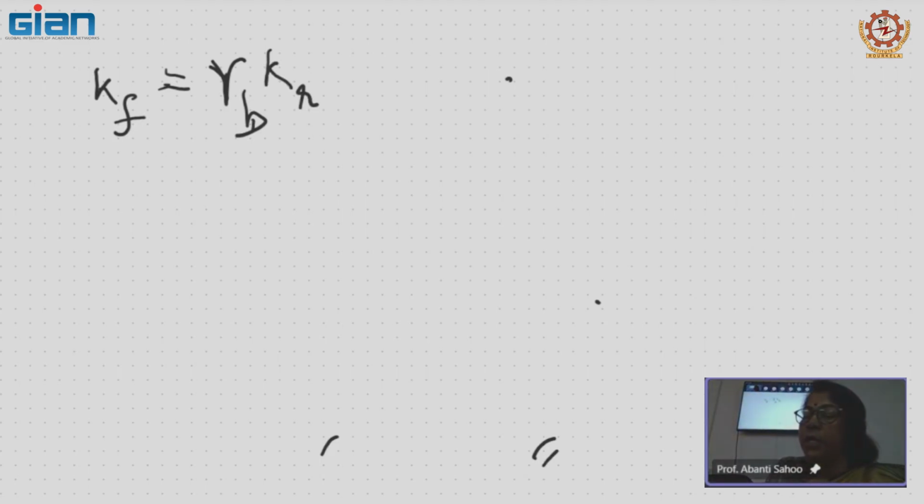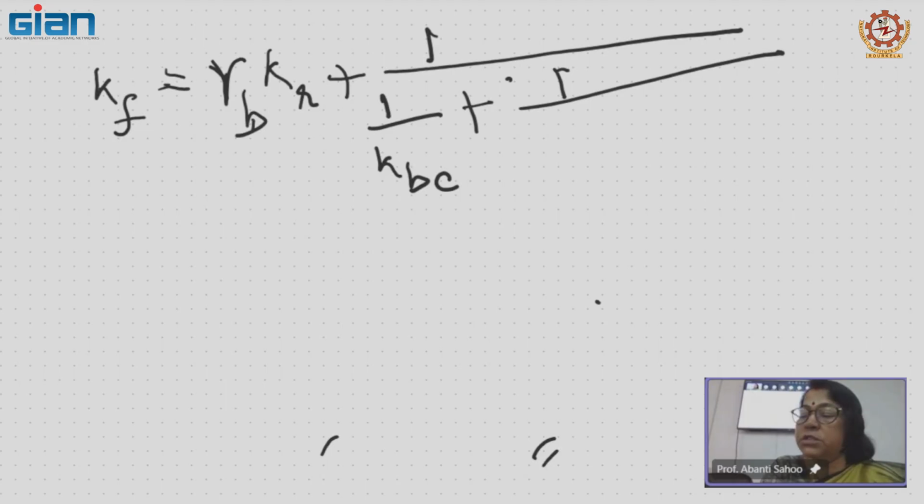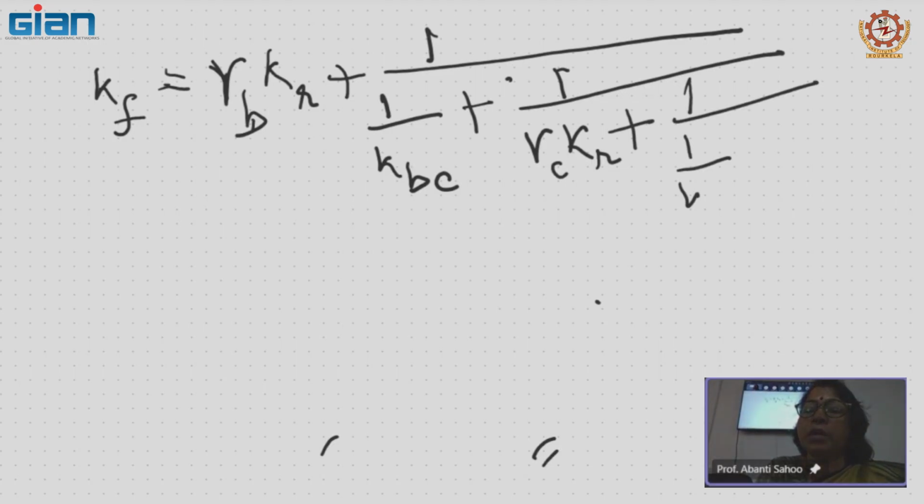For the fluidized bed, the final reaction rate constant will be gamma_b into K_r plus 1 by K_BC plus 1 by, I will just explain this and with that we will finish, gamma_c into K_r plus 1 by K_CE plus 1 by gamma_e into K_r.